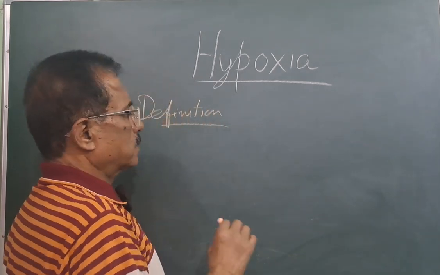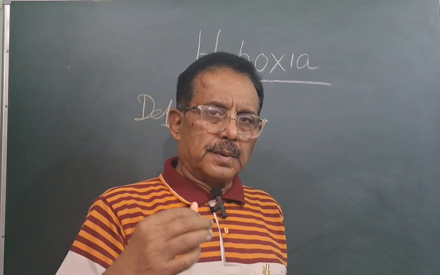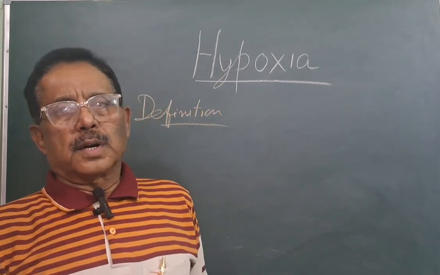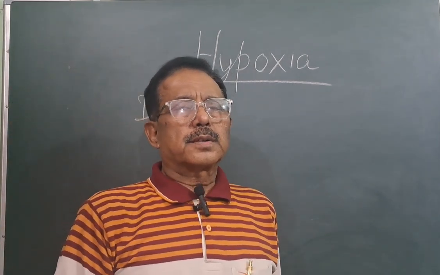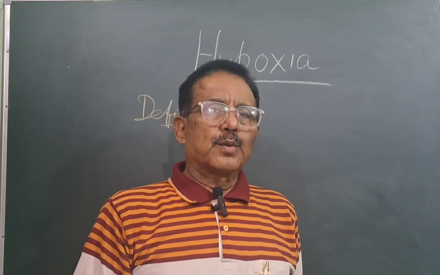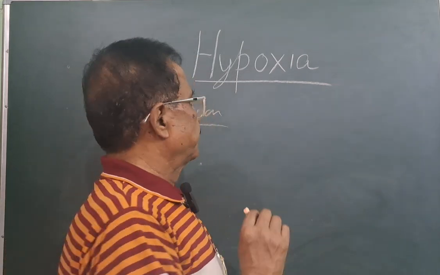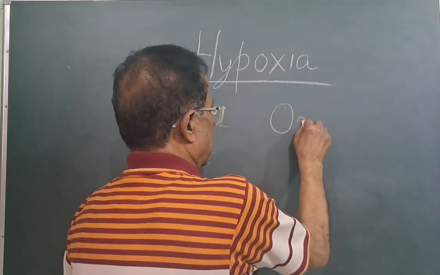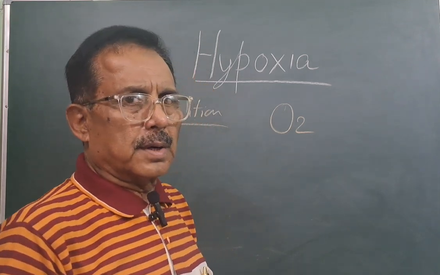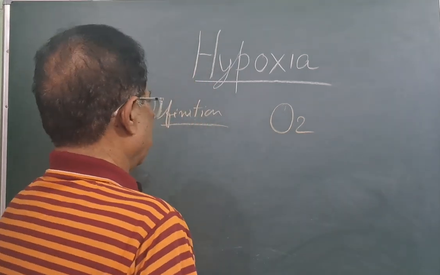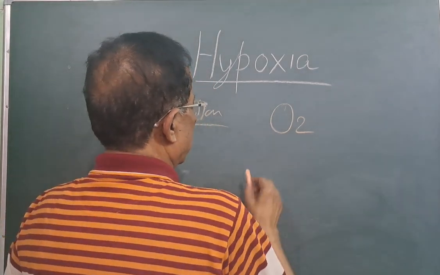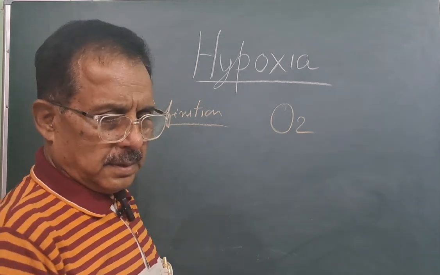In hypoxia, body tissues or cells do not receive an adequate amount of oxygen. Oxygen is less in amount. An adequate amount of oxygen is not received in tissues and cells.